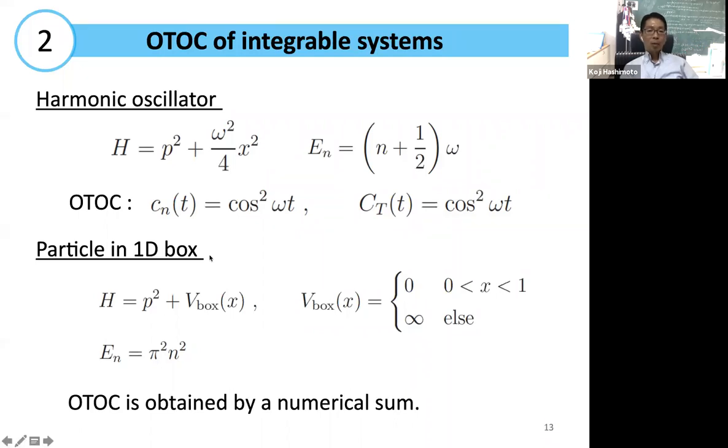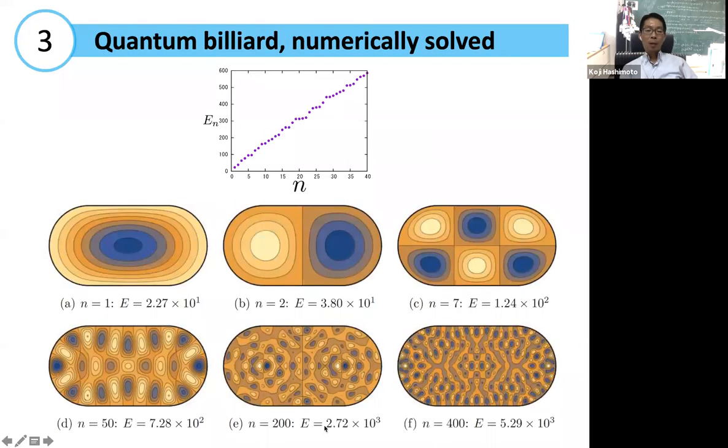And also, you can see similar behavior for a particle in a 1D box. So this is a 1D box, and energy is n squared rather than n. And OTOC can be obtained only numerically, but you can get it. And for quantum billiard, the computation is again easy. You have these energy eigenvalues labeled by n, the integer.